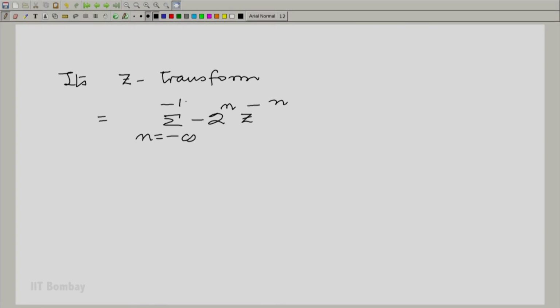Obviously, its Z transform needs a summation from minus infinity to minus 1, and we can expand this. You can write this as 2 inverse Z plus 2 raised to the power minus 2 Z squared plus and so on.